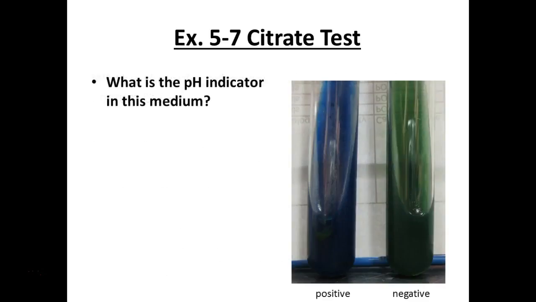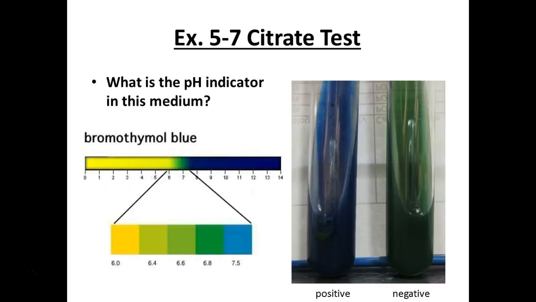Okay, what's the pH indicator in the media? It's bromothymol blue. Around pH 7, which is about where your media starts out, it's about green. At 6.8, right below 7, it's green.